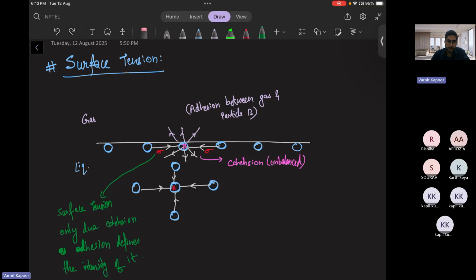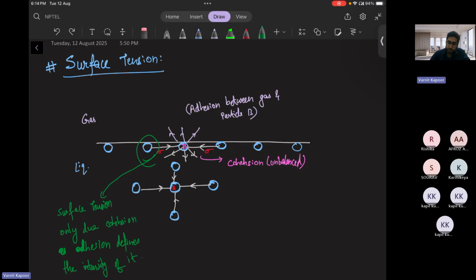So this is nothing but a balanced system. From the left and right, top and bottom, the forces are equal in amount, and this is a balanced scenario. Whereas particle B, which is near the interface, has a force because of the left fluid particle, the right fluid particle, and the particles below.